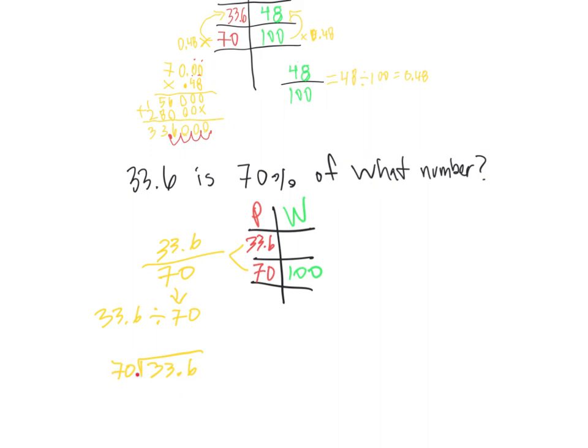Well, 70 can be looked at like 7, and we can just add that 0 back later. So I'm going to have you guys visualize that. So if we're talking sevens, we know that 3 times 7 is 21. We know that 4 times 7 is 28.